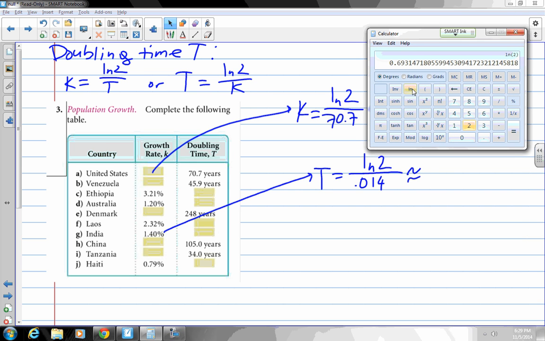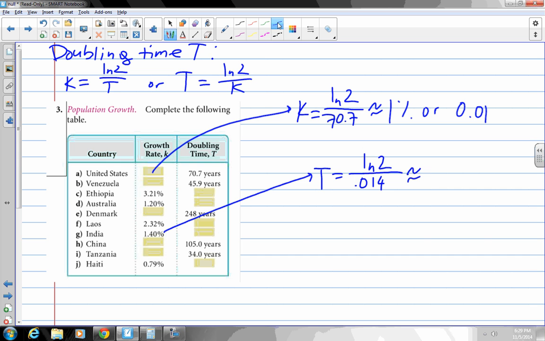So ln of 2 divided by 0.014. So 49 and a half years, almost. You can round it to 50 or whatever, but 49 and a half years. Okay, so it doubles every 50 years.